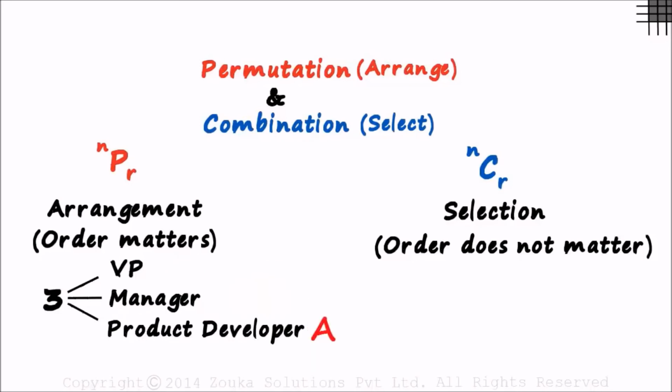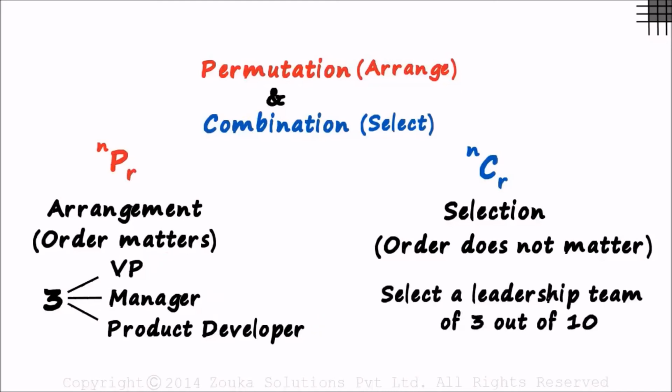Or maybe A is chosen as a product developer, B as vice president, and C as a manager. Each case is different. On the other hand, if we are asked to select a leadership team of 3 out of 10 and told nothing else about it, then it is a case of combination. The order does not matter. Selecting A, B and C is the same as selecting B, C and A or C, A and B.